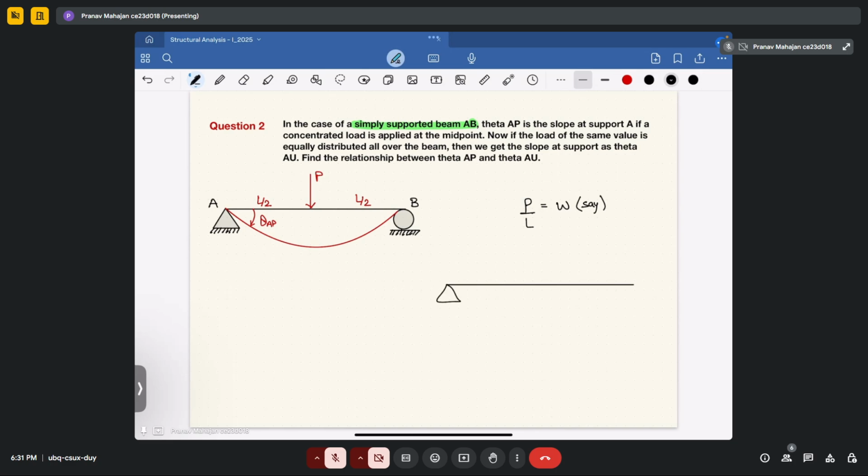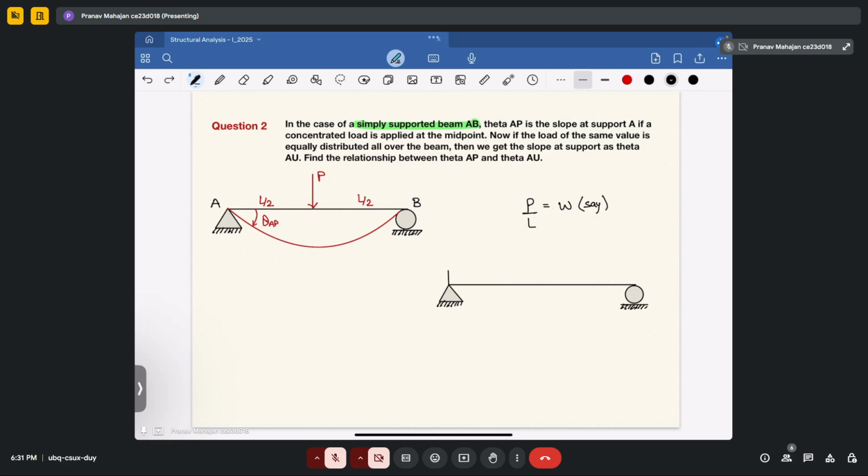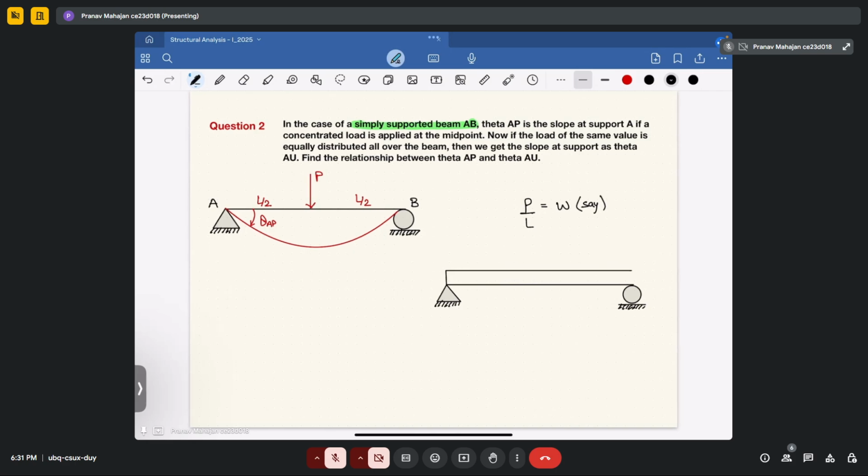In this, it is also simply supported, but in this case, now the load is not concentrated. Now the load becomes uniformly distributed load. Fine. So let me draw uniformly distributed load. So suppose this is our uniformly distributed load, and we have already mentioned that if we have P as a concentrated load, if we divide it by L, we will get W as load per meter.